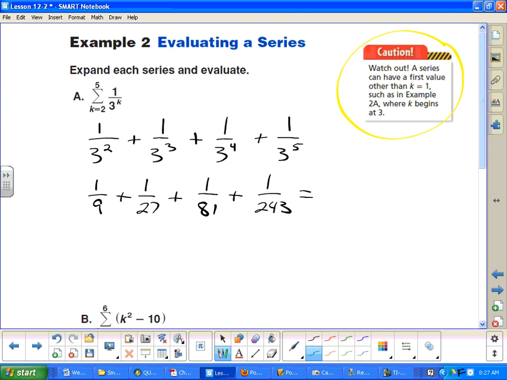And since we have our most amazing calculators that will add fractions for us, you might as well use those to add your fractions instead of finding a common denominator to do that.